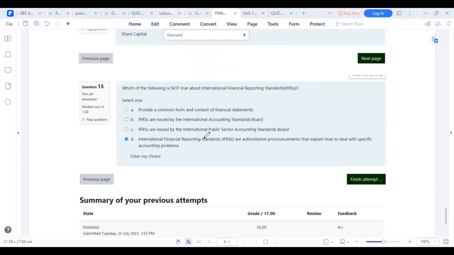They are issued by the International Public Sector Accounting Board, National Reporting Standards, authoritative pronouncements that explain how to deal with specific accounting. Which one is not? It is here.